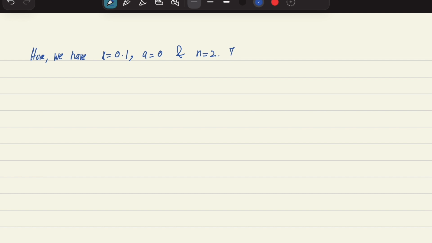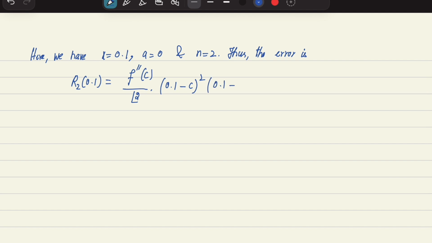Therefore the error R2 of 0.1 is equal to f double dash at c divided by 2 factorial into 0.1 minus c whole squared into 0.1 minus 0.